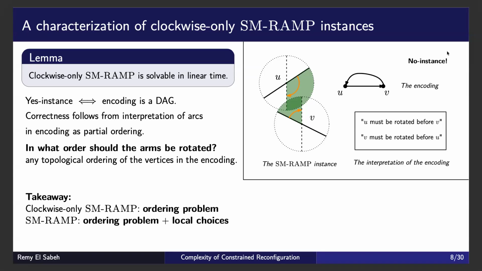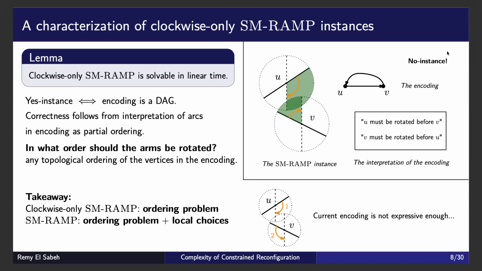Whereas in the more general case, it matters, there's the choice to be made regarding how things rotate. And in fact, if you take the same exact instance and we look at it again, while allowing things to rotate in both directions, that would be a solution. So you can rotate Q clockwise followed by V anti-clockwise.